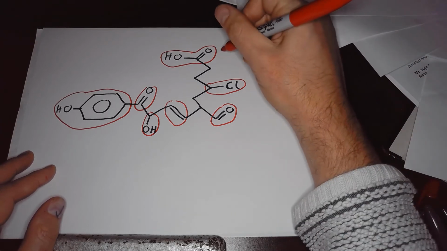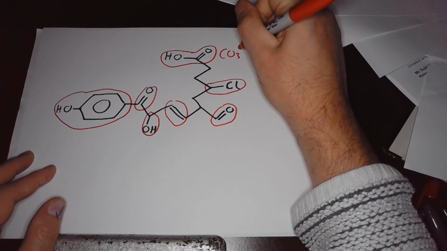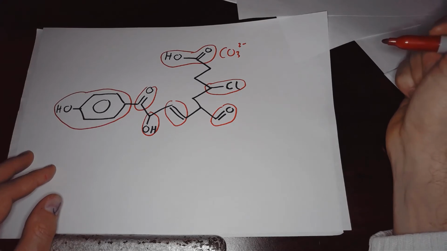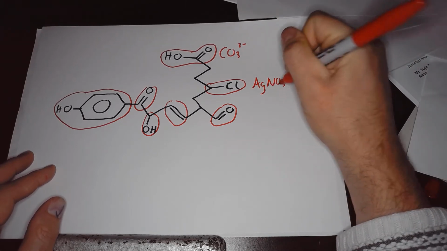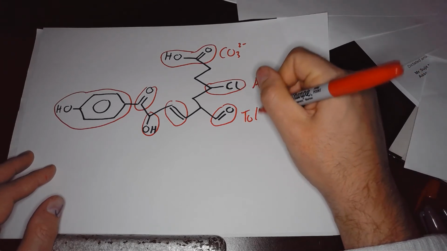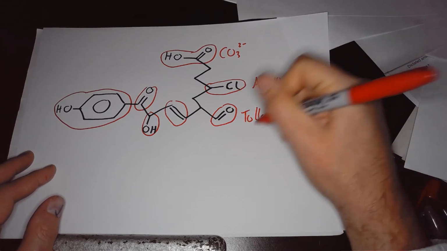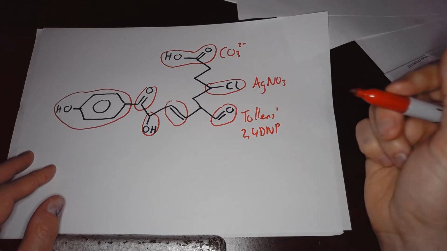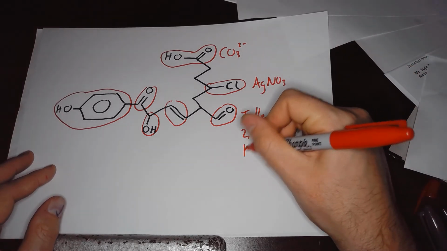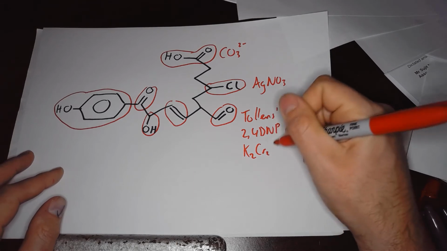So this one will react with carbonates, give you an effervescence. This one is silver nitrate to give you a precipitate. This one is Tollens and 2,4-DNP. And remember, it can also react with potassium dichromate. It can be oxidized further.